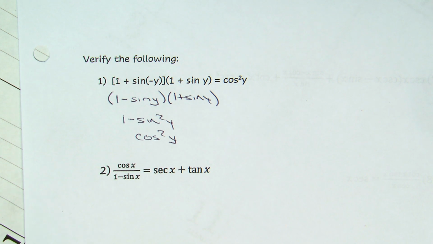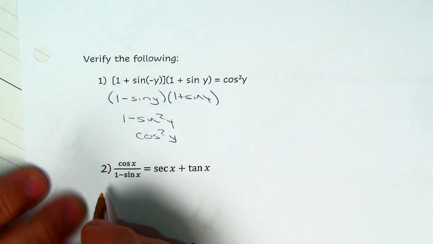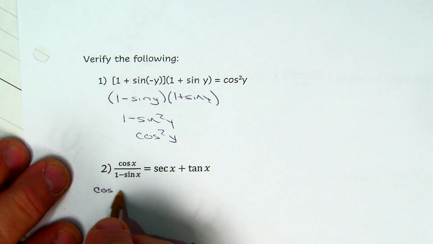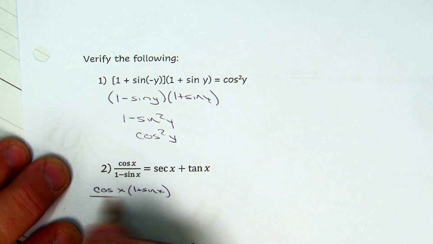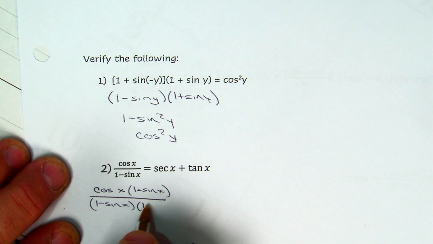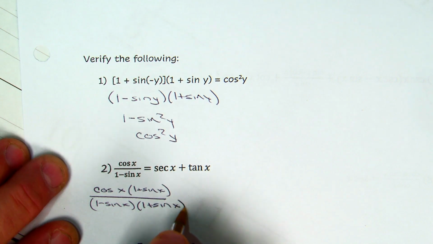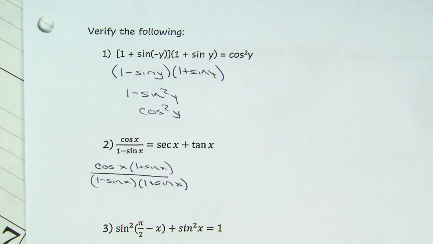All right. Cosine over 1 minus sine x equals secant x plus tangent x. One route is the conjugate. Conjugate of 1 minus sine x is 1 plus sine x.